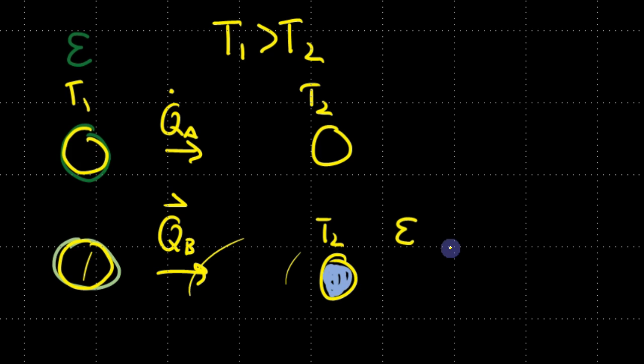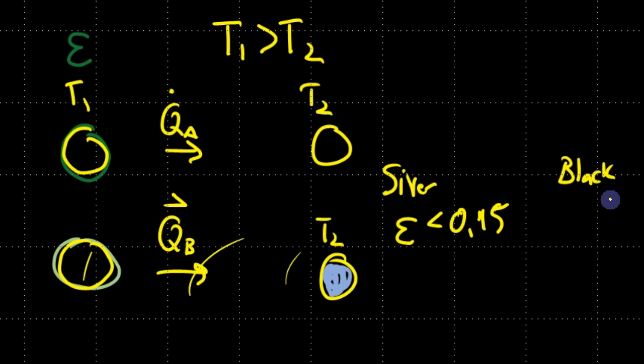infrared radiation. So if you have a shiny silver, which also reflects, it's going to have a low emissivity, maybe of 0.15. And if you have something like a black paint, assuming black absorbs light, we're going to have an emissivity around 0.95.